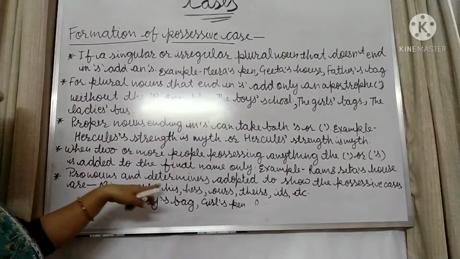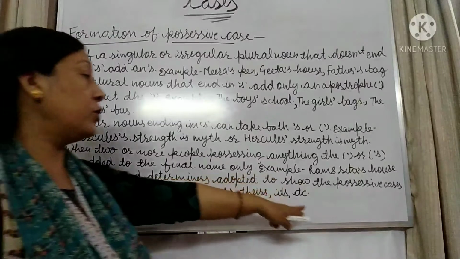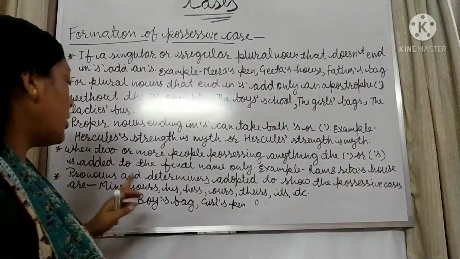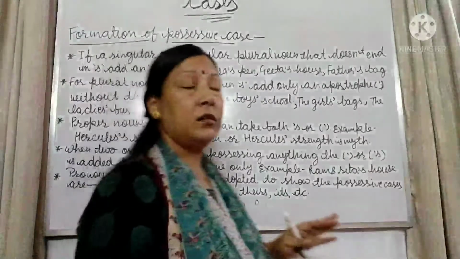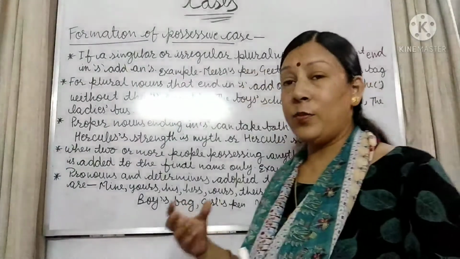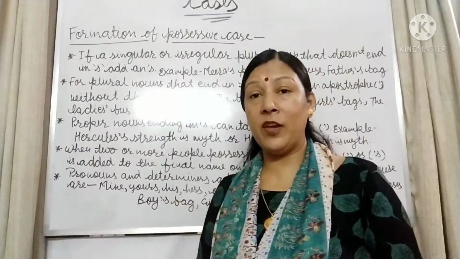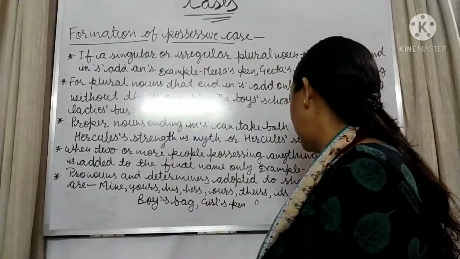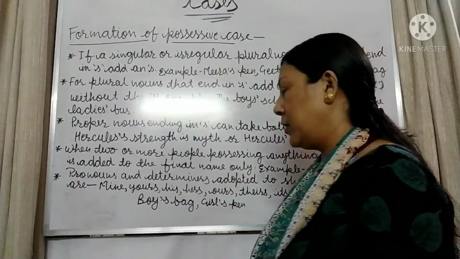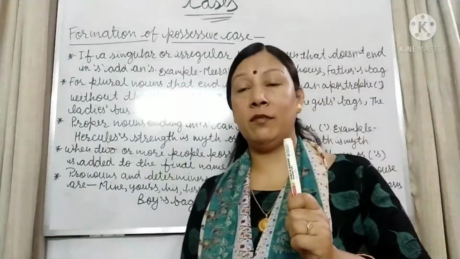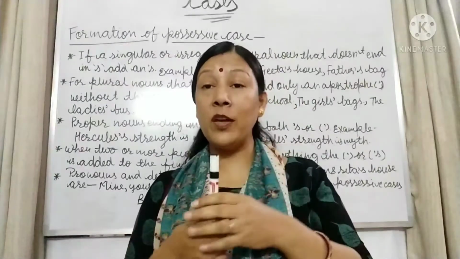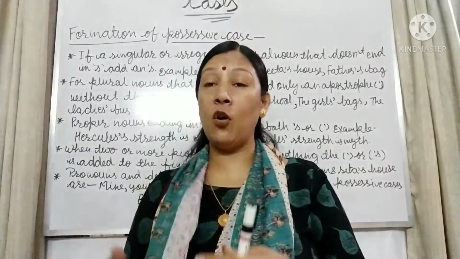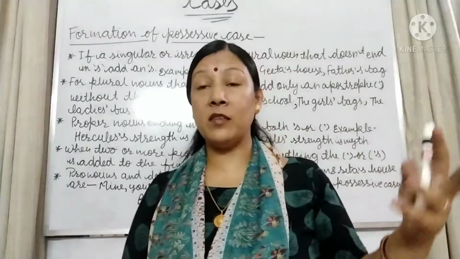Last one, pronouns and determiners adopted to show the possessive cases. Pronouns and determiners will be used in the possessive cases like this: mine, yours, his, hers, ours, theirs, and its. Like this pen is mine. Mine is showing the ownership, that I am the owner of this pen. This is mine. This is yours. This is his, theirs, ours.